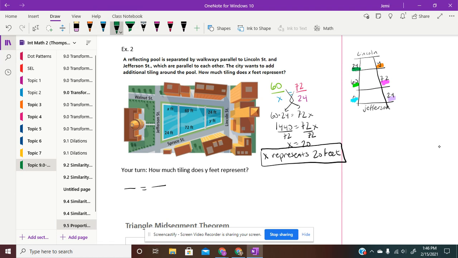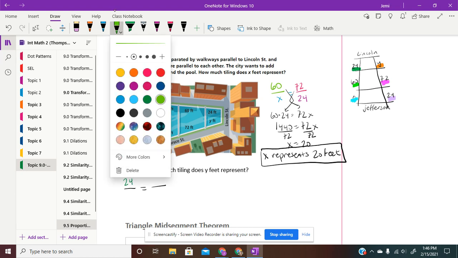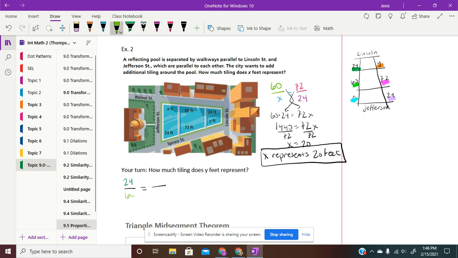When you come back, let's see how your proportion looks compared to mine. There are different correct ways you could set up a proportion, but this is the one that I was trying to lean you towards. So awesome if you got this. If you got a different one, hold on and let's check our final answer to see if you did it right, but a different way. Just because you didn't write what I wrote doesn't mean that it's wrong.